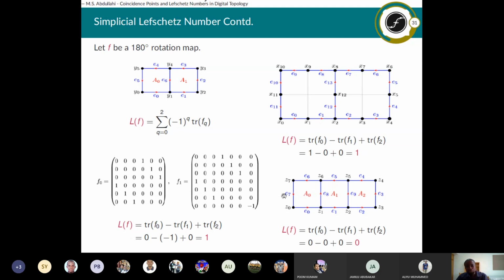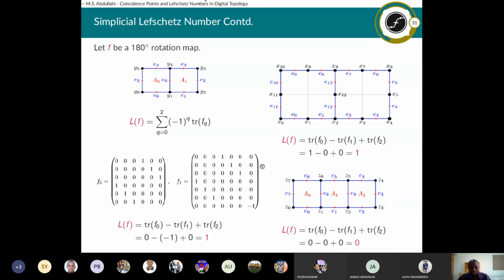So similarly to this, but one interesting thing we found is that we don't even need to look for these matrices for us to know what the Lefschetz number of any function is.